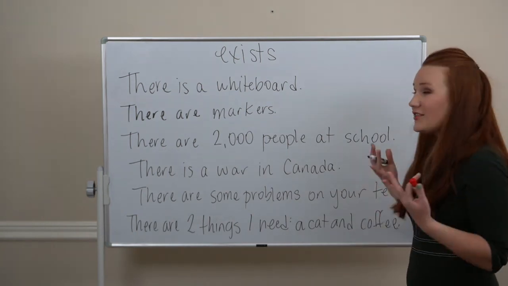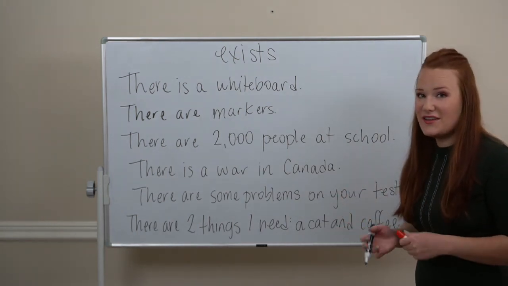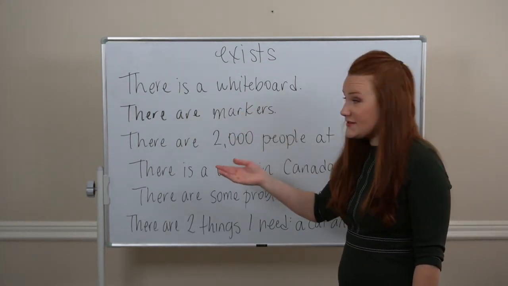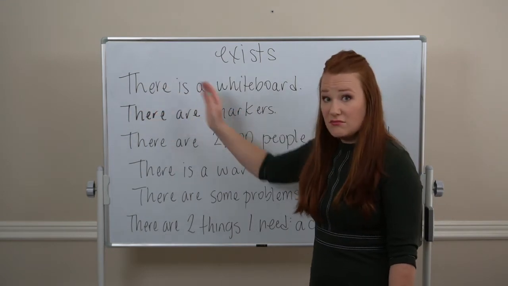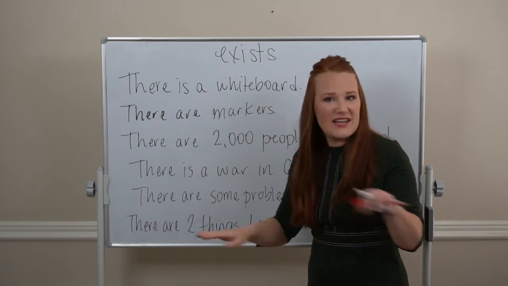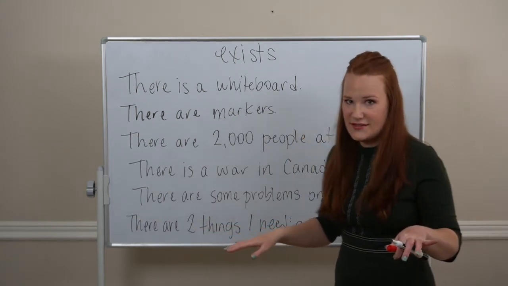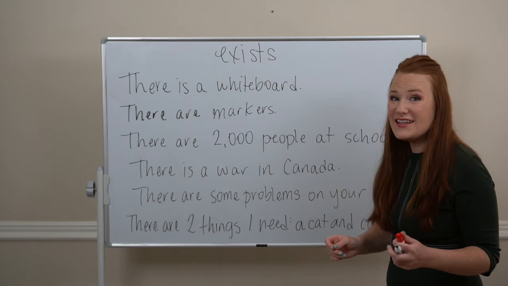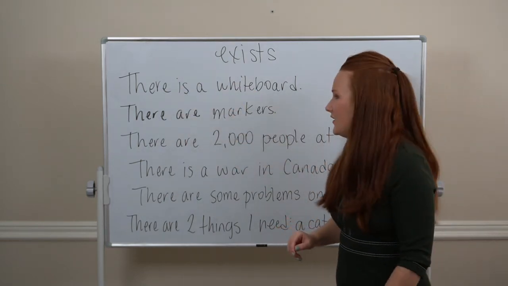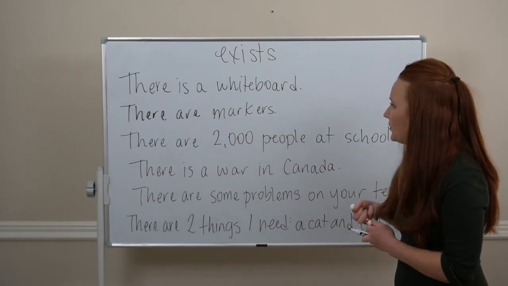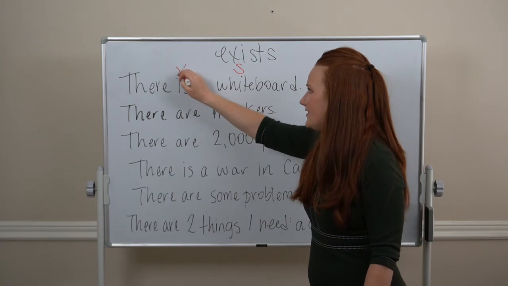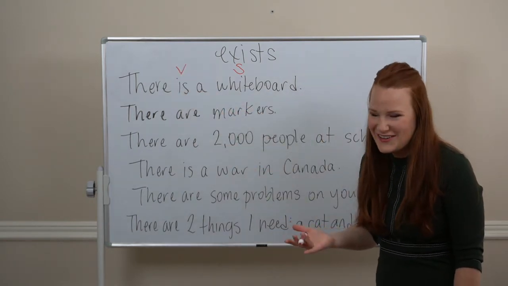So, the strange thing about there is and there are is, is and are are the verbs, obviously, and there comes before the verbs, but there is not the subject of these sentences. The subject is actually after is and are. So when I say there is a whiteboard, whiteboard is the subject of this sentence. It's weird, I know.